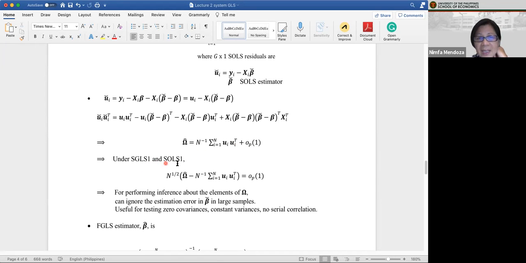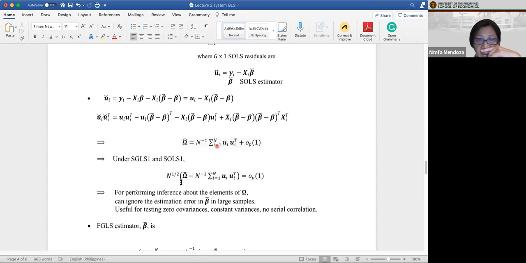Under SGLS1 and system OLS1, the exogeneity assumptions of OLS and GLS, then you have n to the minus 1/2 times (omega hat minus this) equal to terms that converge in probability to 0.